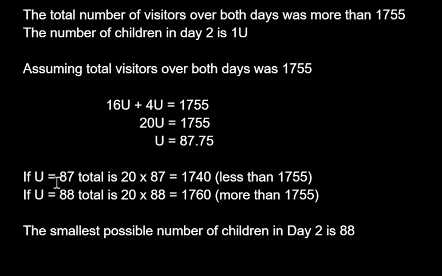Let's try with 87. 87 times 20 gives me 1740, which is less than 1755. The question says that it must be more than 1755 for the total number of visitors. So if U is 88, then I get 1760, which is more than 1755. Hence, we can conclude that the smallest possible number of children in day 2 should be 88.